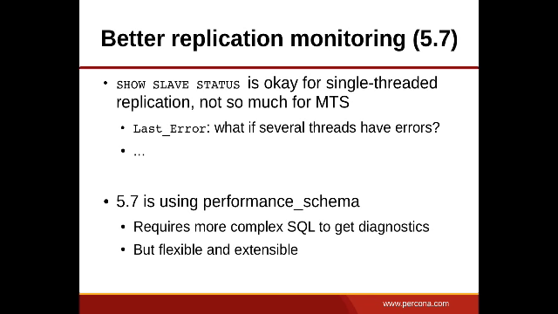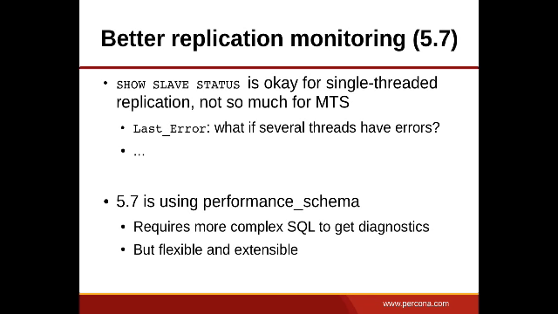If you're using GTIDs, you have this Executed_Gtid_Set field, which is very ugly because you see the execution gaps. And there are things that are missing. For instance, you never know the latest transaction executed by a worker thread. You have a field to store the last error that has been seen, but what if you have several threads having errors at the same time?